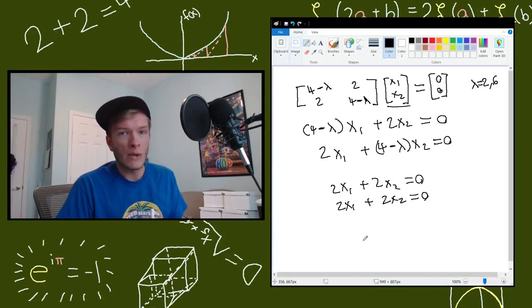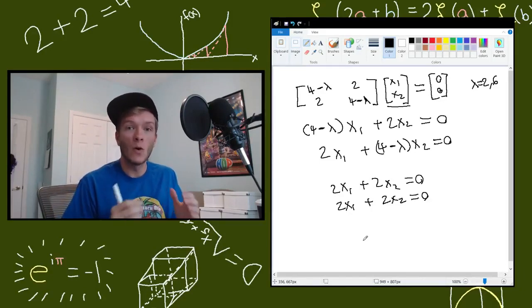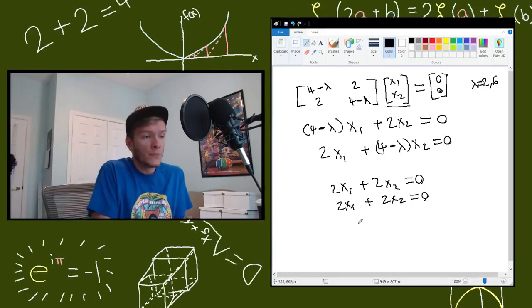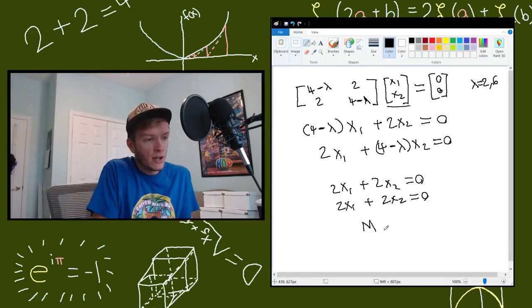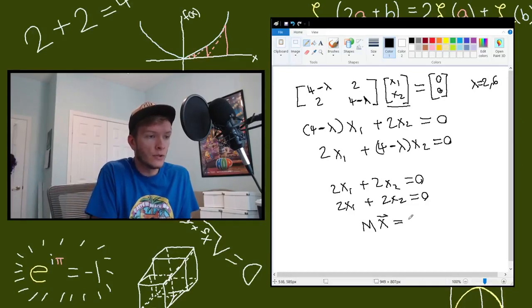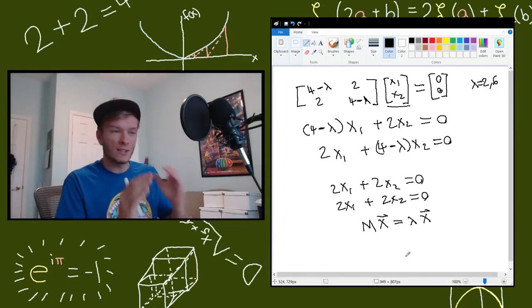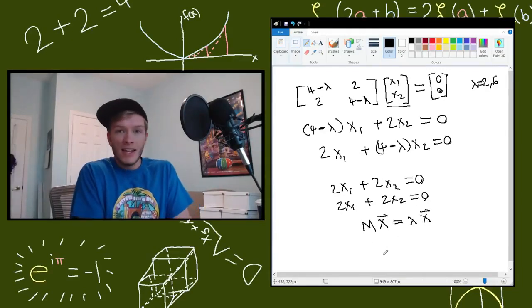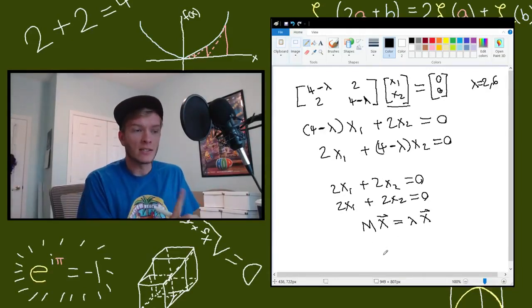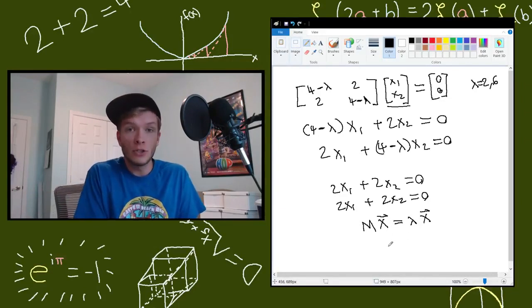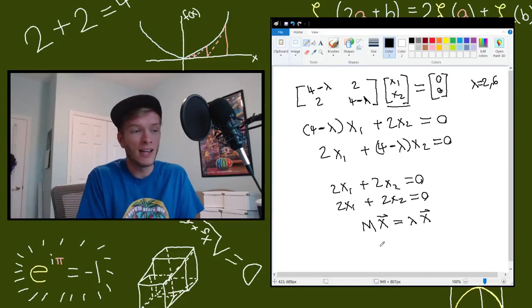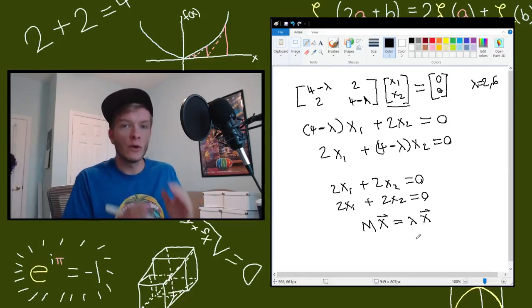Well, it goes back to actually looking at what the eigenvalues and eigenvectors are. So if we look at our equation of Mx is equal to lambda x, what this means is that in this specific case, the vector that we are choosing to have multiplied by this matrix is actually not rotating.